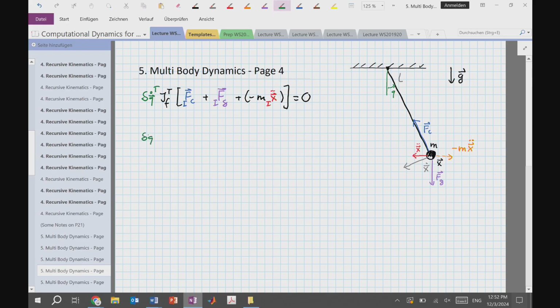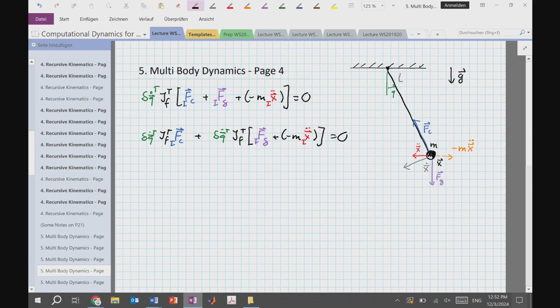And I now break this up into the product of my constraint forces with this expression and the product of the other forces, the other forces being the active forces, gravitational force, plus the D'Alembert force. Now it's still 0.